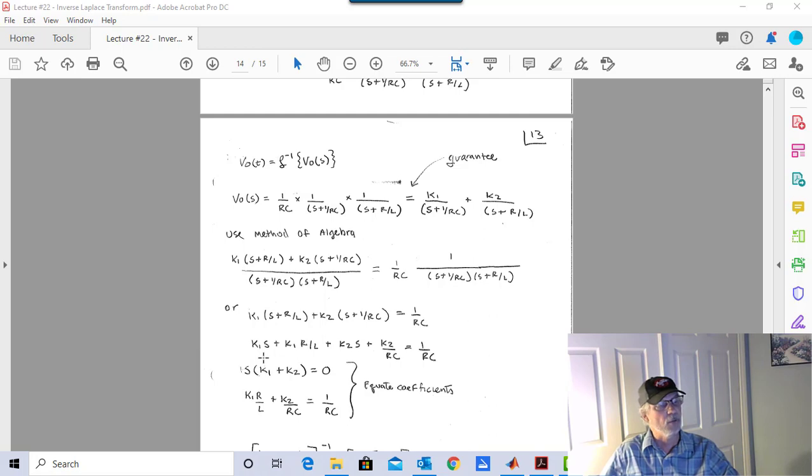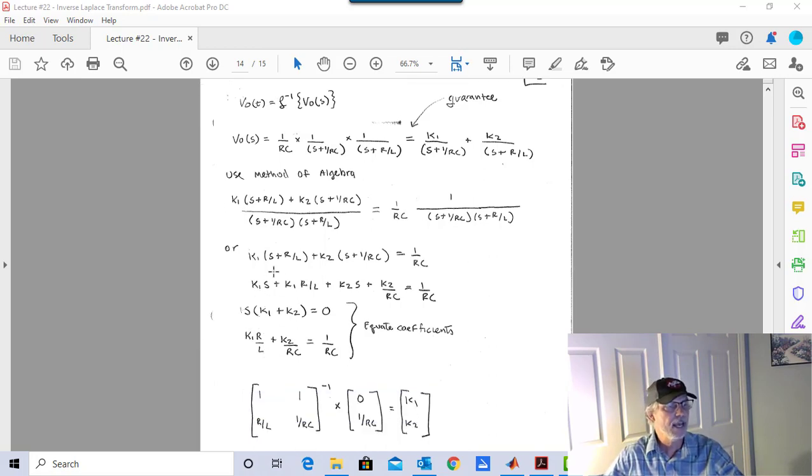I'll multiply that out, and I have K1S plus K1R over L, and so on. Then I gather up my S terms, and I have K1 plus K2 times S. I don't have any S terms on the right side, so that equals 0. Now I add up my S to the 0 terms, because S to the 0 is 1.